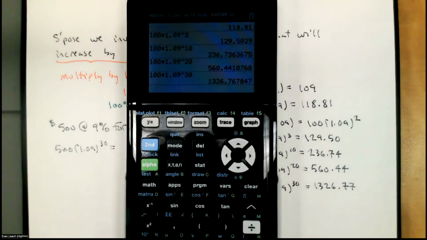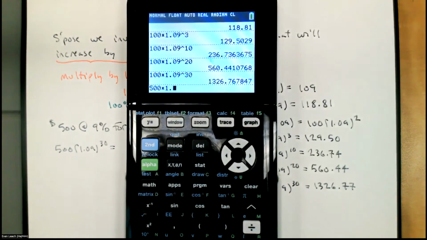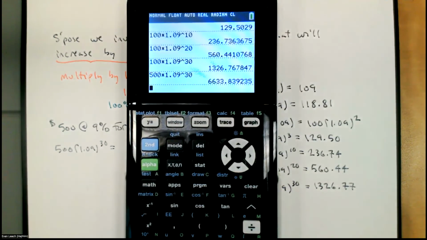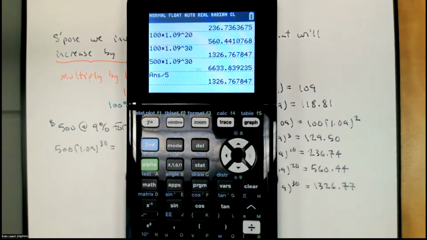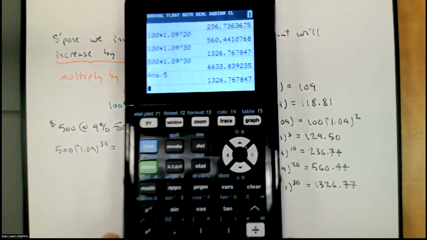we're just going to take our 1326 and multiply it by 5. 500 times 1.09 to the 30 is 6633.84. We divide that by 5. It's 5 times the 1326.77.